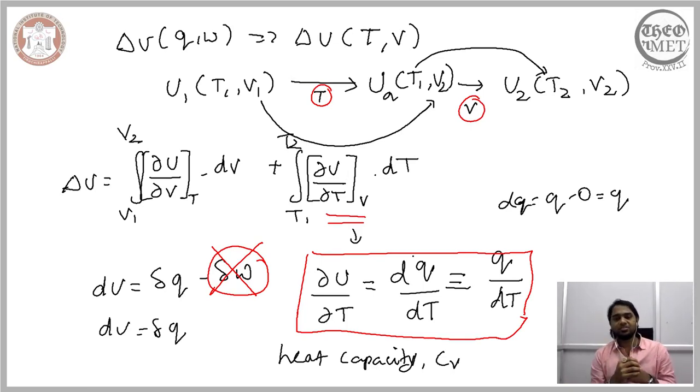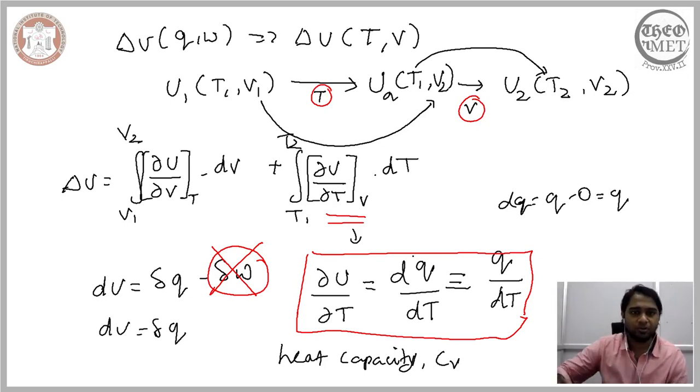We have translated it as the ratio of the amount of heat that is being transferred into or out of the system and the change in the temperature. Because this ratio describes the heat capacity of the system at a constant volume, we are now able to express or quantify this particular change in the internal energy of the system as a product of this constant and the change in the temperature.